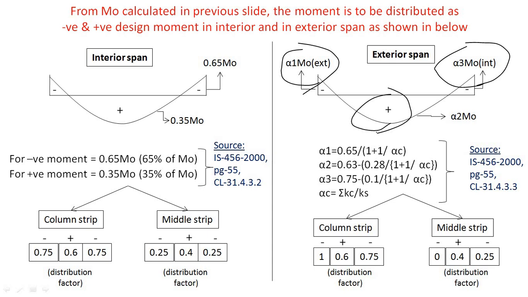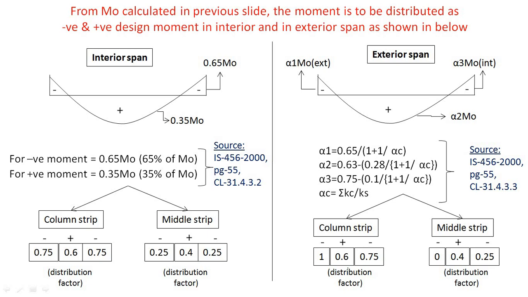The IS code suggests that in the column strip, at the negative side exterior support it should be 1, at the negative side interior support there should be 0.75, and at the center positive there should be 0.6, and the middle strip should be the remaining of the column strip.